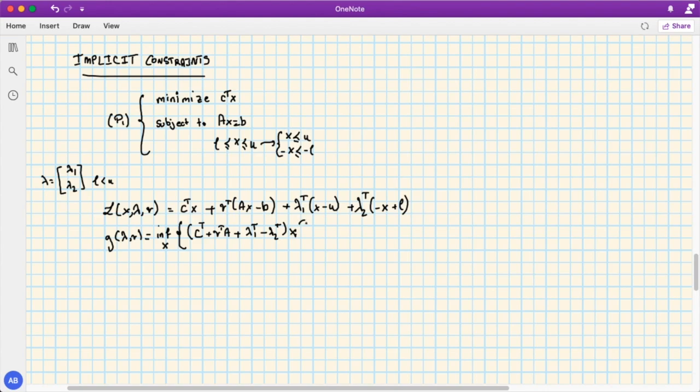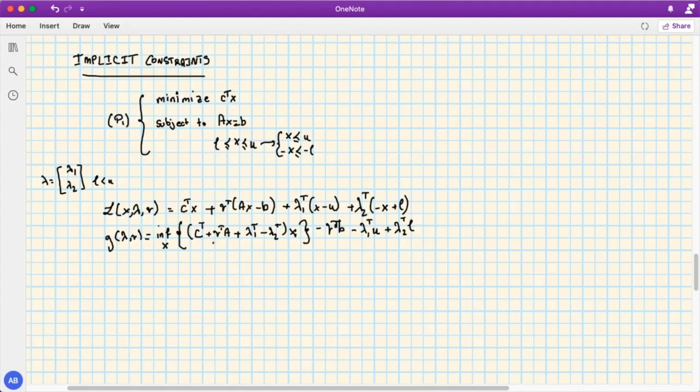That's the infimum over here. And we isolate all other terms that are minus nu transpose b, that's over here, minus lambda 1 transpose u, that's over here, and plus lambda 2 transpose l, that's over here.